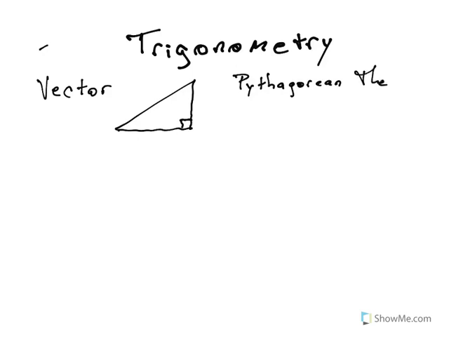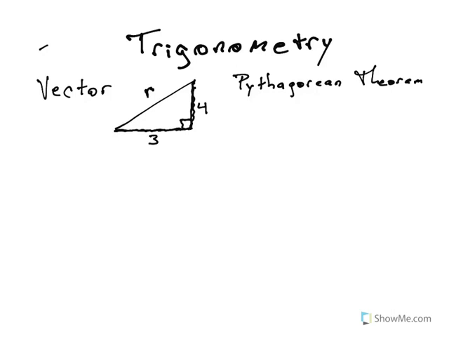What the Pythagorean Theorem tells you is it relates the lengths of the sides of a triangle. So, let's say I happen to know that this triangle, the bottom side length is 3 meters, and this top side length is 4 meters. And I say, how long is this side over here?